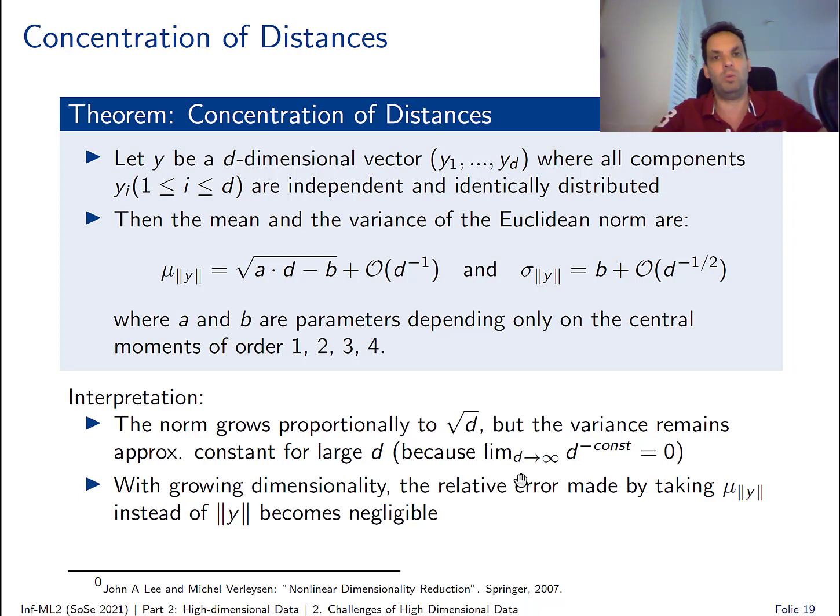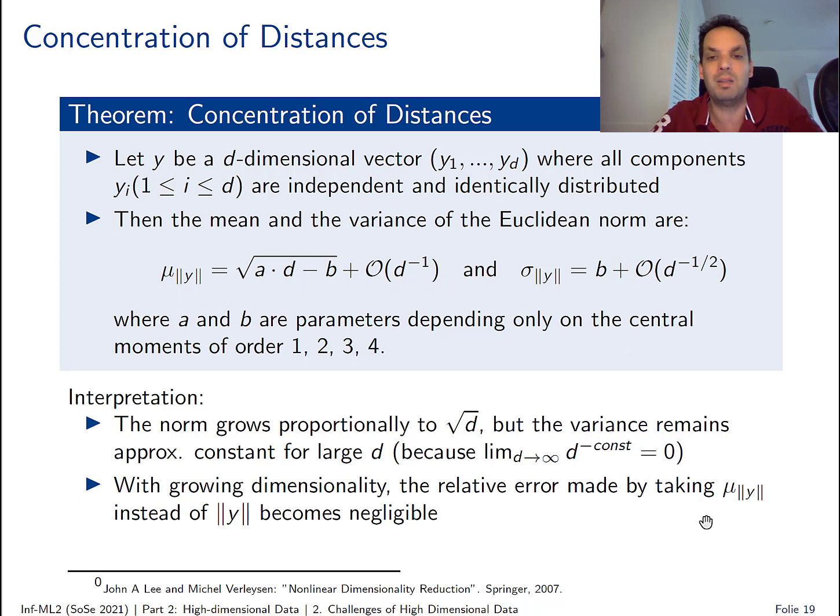And that's exactly what we stated before, that we lose contrast among the different distances. And that is not really nice. With growing dimensionality, the relative error made by just taking the expected norm instead of the real norm becomes negligible, because the norm grows, but the variance doesn't grow; it diminishes to 0.